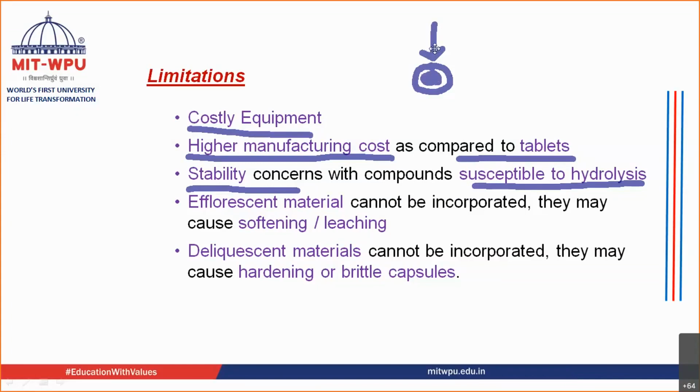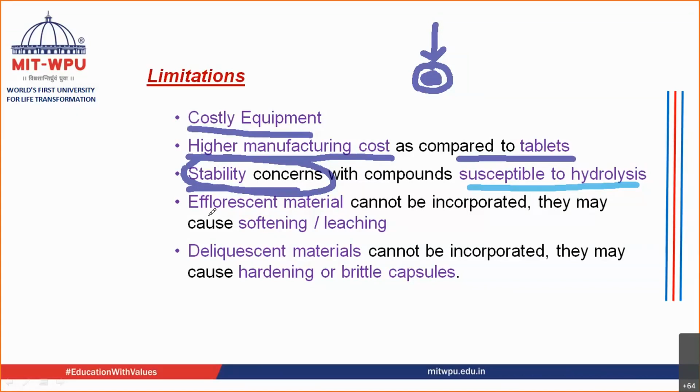Hence, because of the problem of permeation, the drugs which are susceptible to hydrolysis cannot be packed inside soft gelatin capsules, or you can say there is a little bit of stability concern when it comes to substances which are susceptible to hydrolysis. So you have costly equipment, you have higher manufacturing costs as compared to tablets. Also, there is some stability concern when it comes to drugs which are susceptible to hydrolysis.